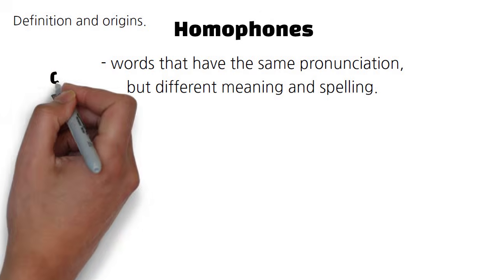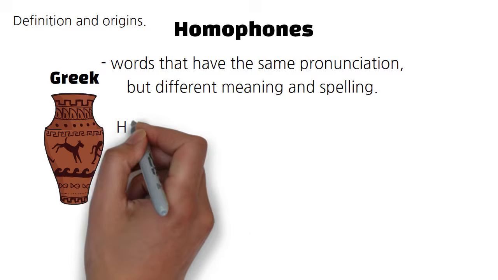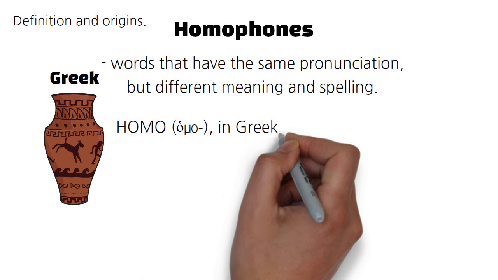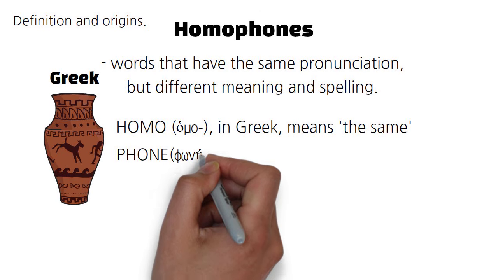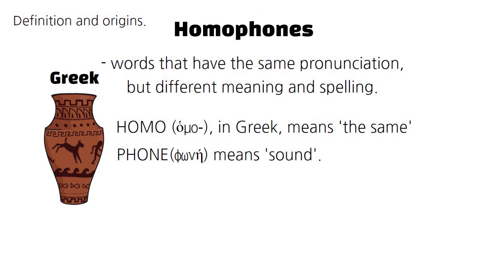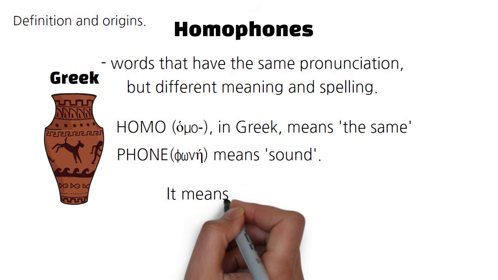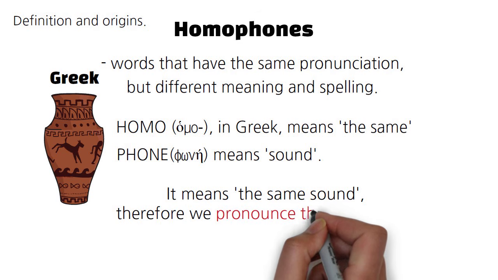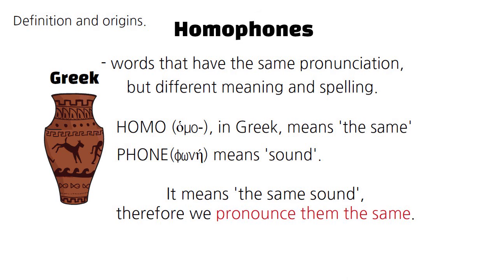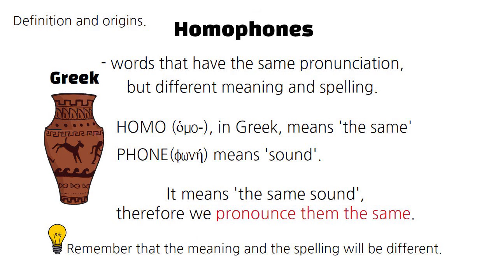They have their roots in the Greek language. Homo in Greek means the same, and phone means sound. So together it means the same sound. Therefore, we pronounce them the same. However, remember that the meaning and the spelling will be different.